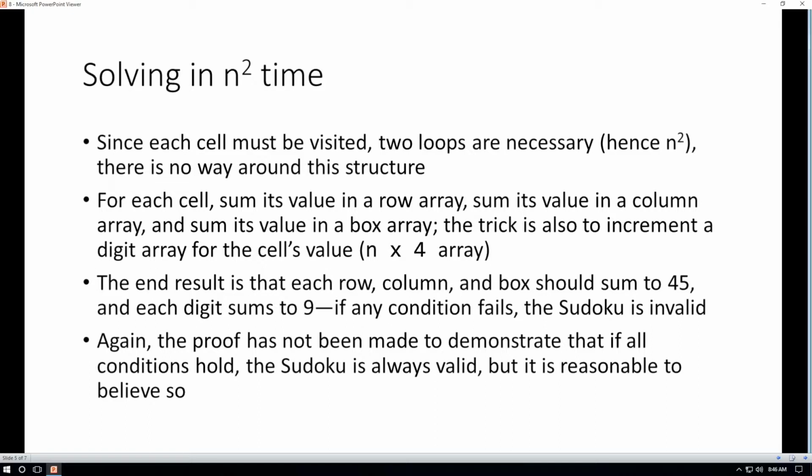Simultaneously, we sum the cell in a column array so that in the end, each column should have the sum 45. And finally, we increment, not sum, the appropriate cell value in a counter array so that we make sure that each digit shows up 9 times. Obviously, if a digit showed up 10 times, one other digit would be in there 8 times. That would not be a valid Sudoku.